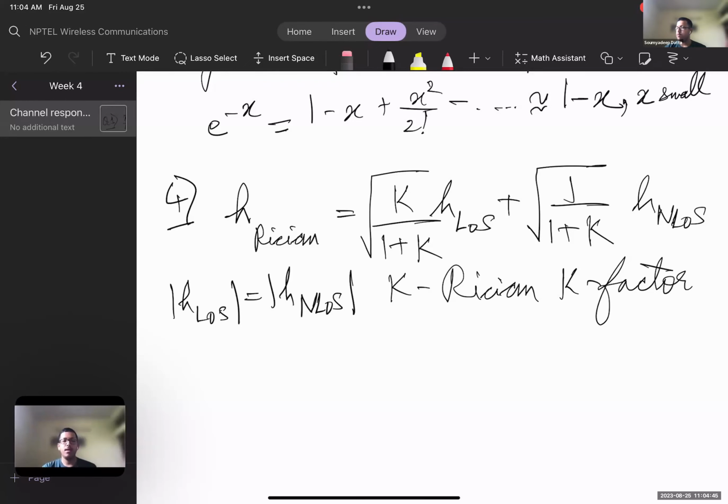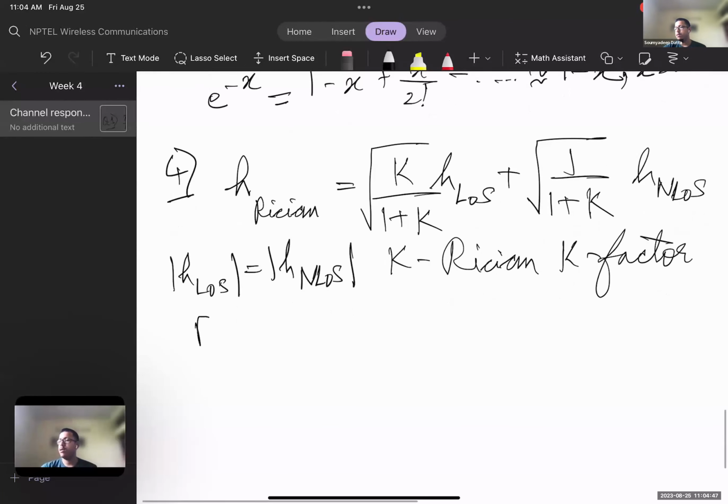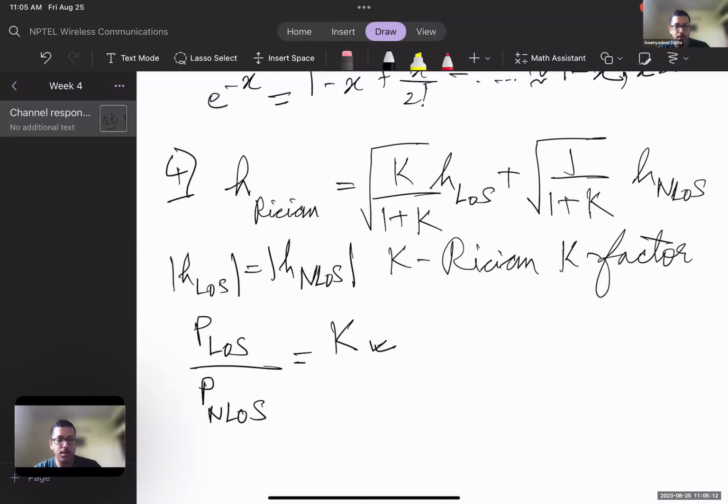In this kind of model, the ratio of the power, the square of the magnitude, of the line of sight component and the non-line of sight component is K. This is the bottom line.